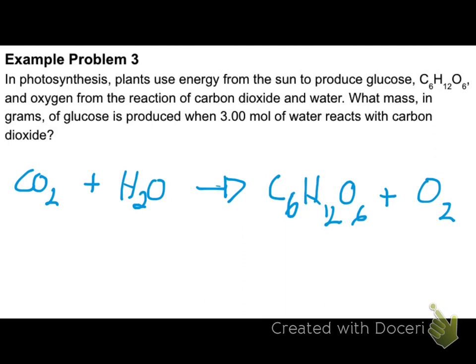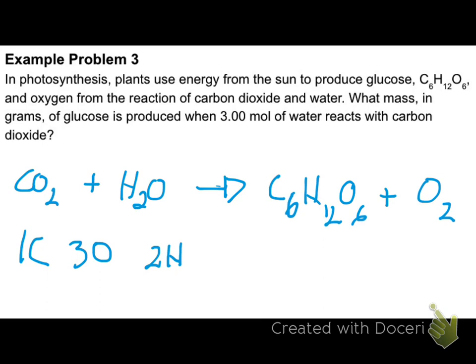So to balance this, we got to start by figuring out how many atoms of each we have on each side. So on the starting side of the equation, how many carbons are involved? One carbon atom. How many oxygen atoms? 3 total. And how many hydrogen atoms? 2.